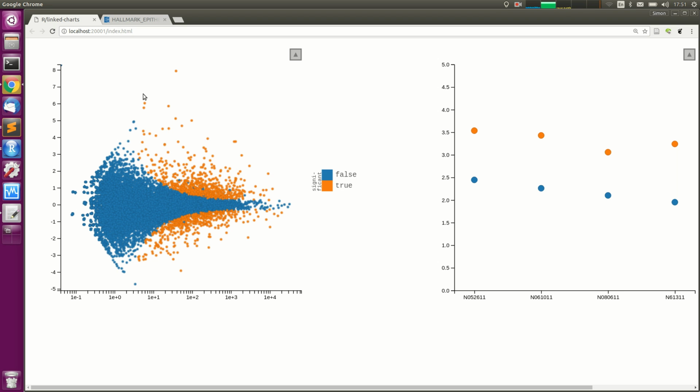But this gene, because it has such a low expression, has a really wide uncertainty, so that basically all these values are plausible, while this gene here has a really precise estimate.